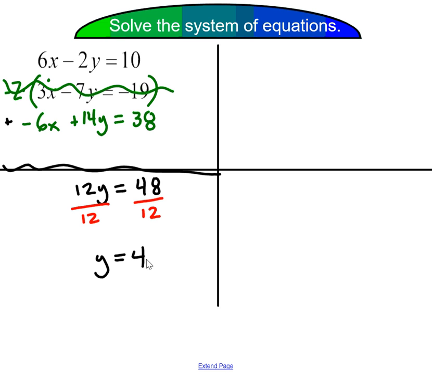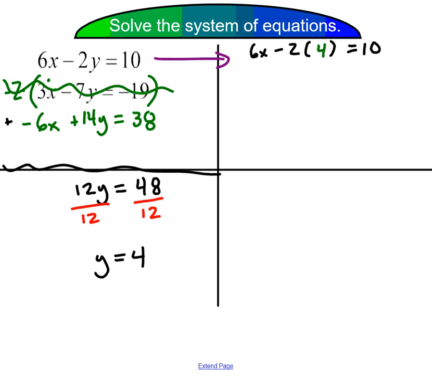I'm going to use my equation here. So I get 6x minus 2. Instead of a y, I can plug in something different. I can actually plug in 4 there, because I know my y value is 4.